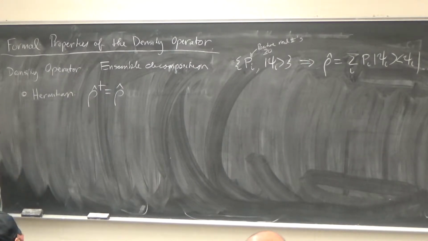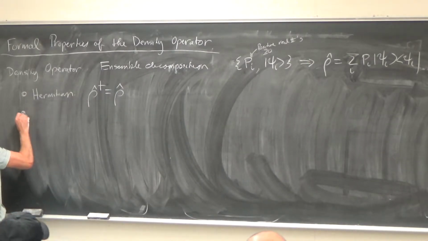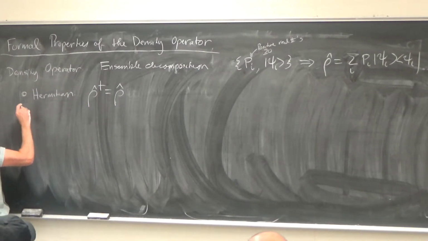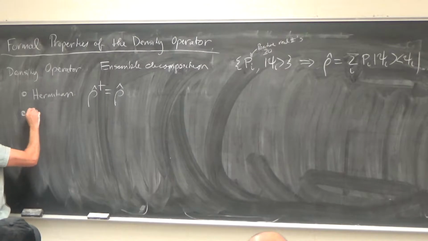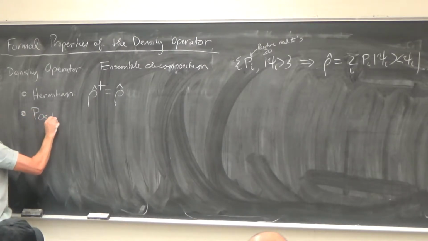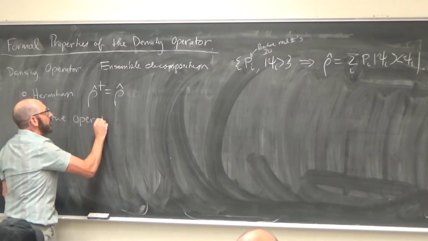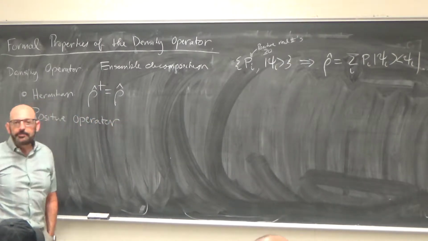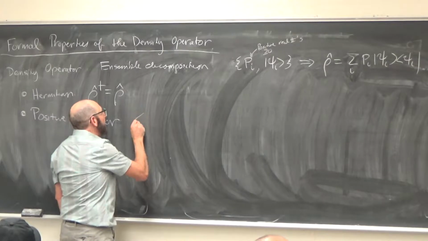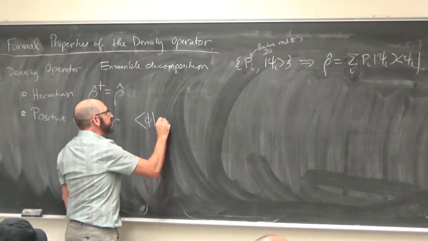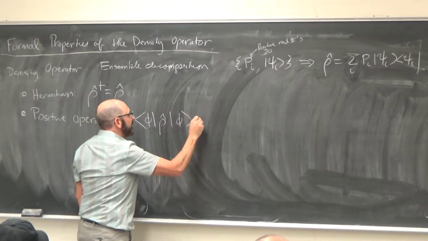The other thing we know about this operator, which is the quantum state, is that it's positive. What does it mean for an operator to be positive? It means that if I look at the matrix element with respect to any state, this is non-negative.